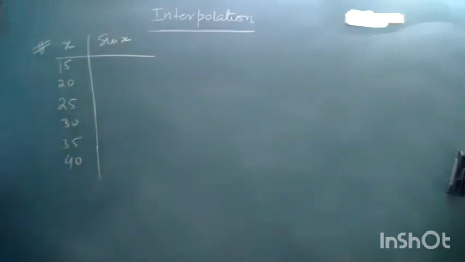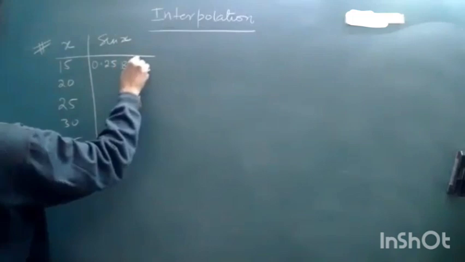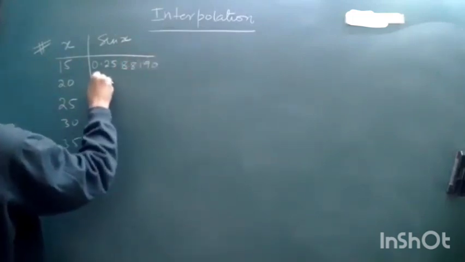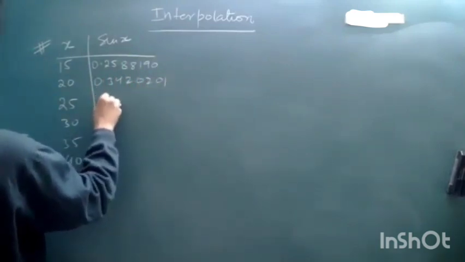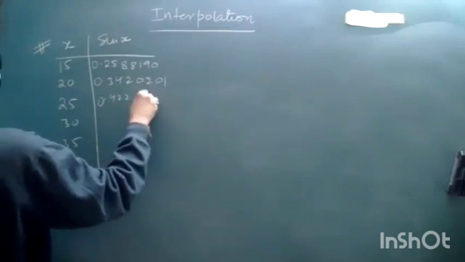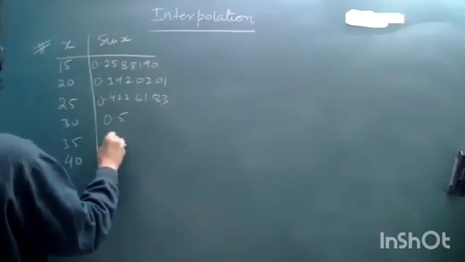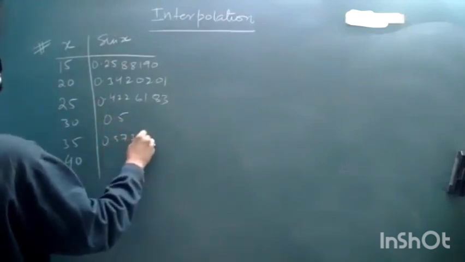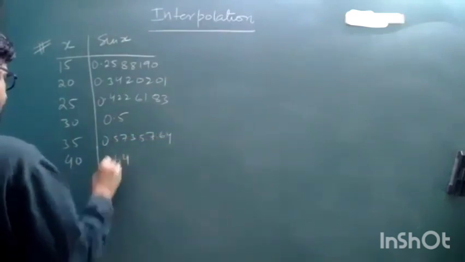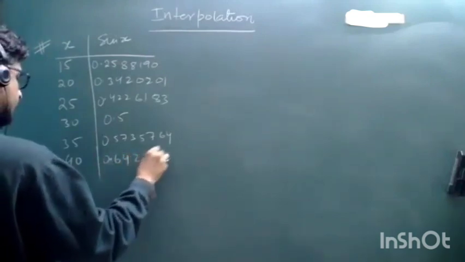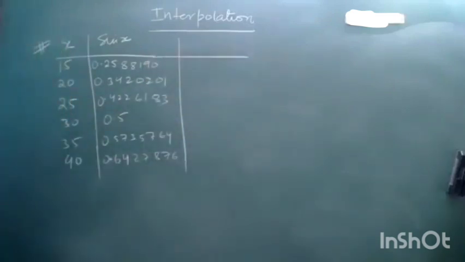Suppose this is given and the values of sin x are also given: 0.2588190, 0.3420201, 0.4226183, 0.5735764 and 0.6427876. Now you can make the table quickly.